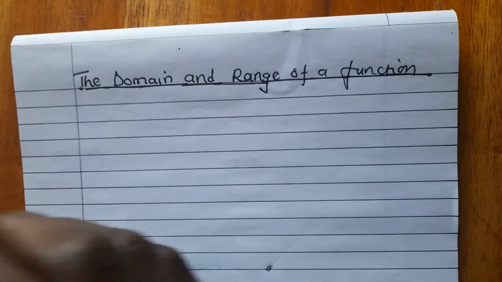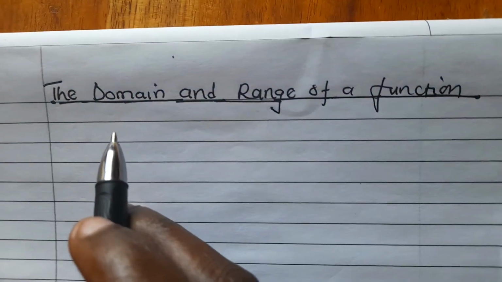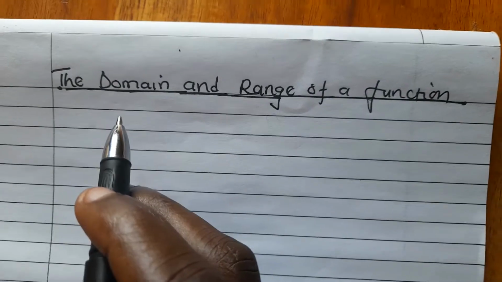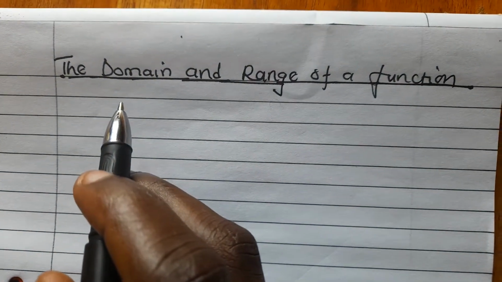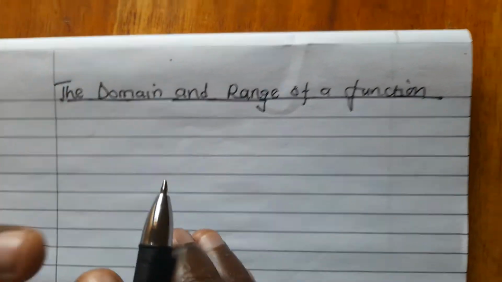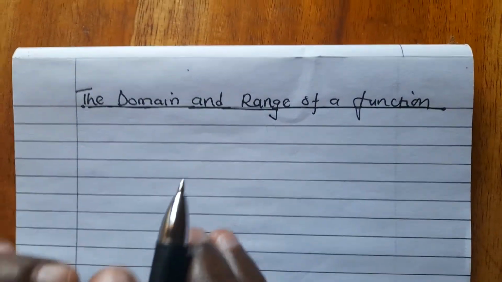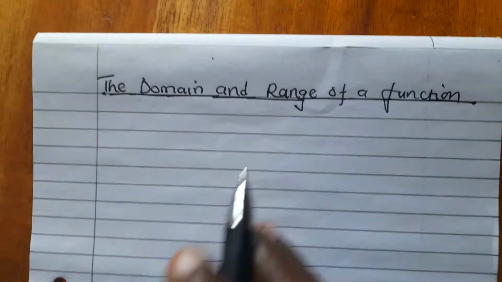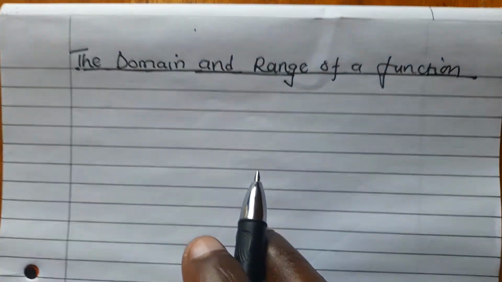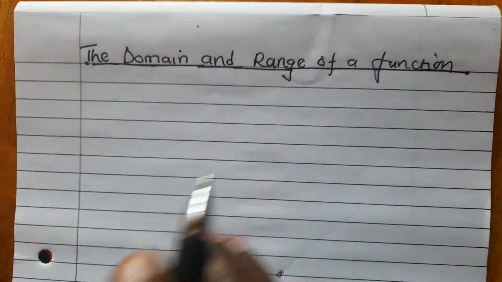Suppose we have a function, we have what we call the implied domain and the explicitly defined domain. An implied domain is the set of all real numbers for which the equation is defined, whereas the explicitly defined domain is one that is given along with the function.